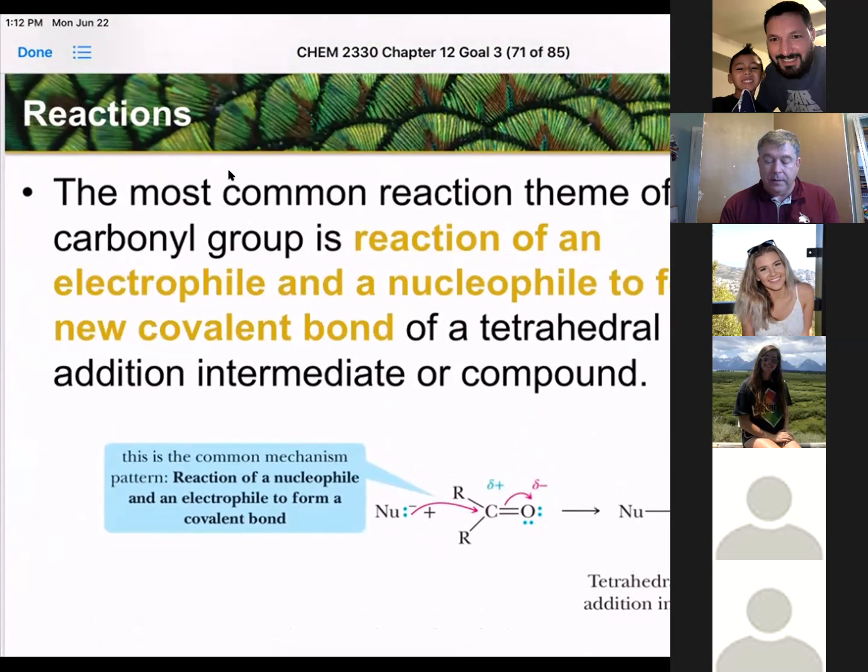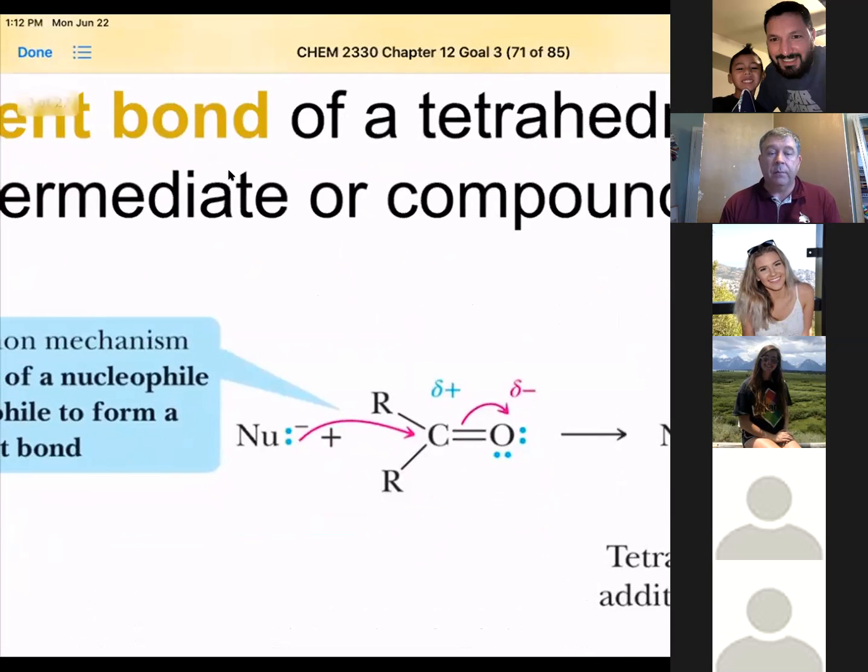In the case of our carbonyl, we have the partially positive carbon, which means a nucleophile, or something with a negative charge, can attack it in this configuration. We go from an sp2 hybridized trigonal planar carbon to an sp3 hybridized tetrahedral carbon.